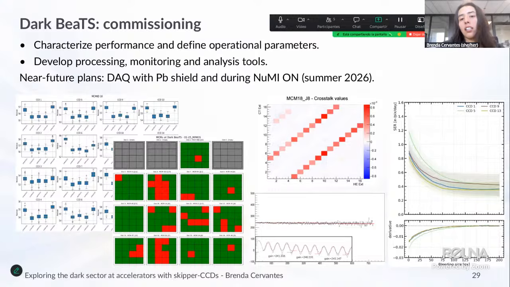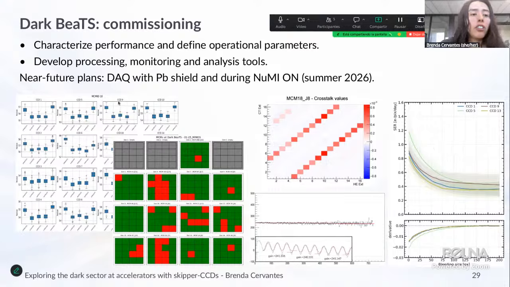So currently we are taking data to characterize the performance of the whole setup of all the sensors, understand all the features that we want to understand, and define the optimal operational parameters to be able to take data during the NuMI on. And we are also developing all of the processing, monitoring, and analysis tools to be able to analyze this data in the future.